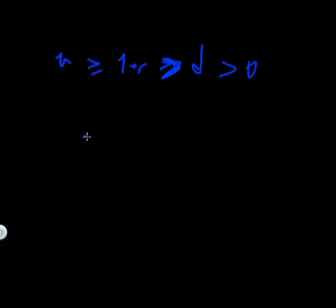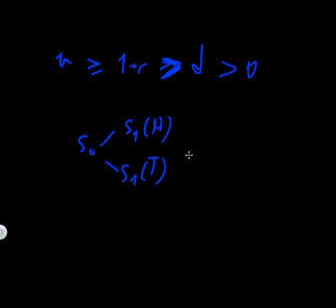The other case, which is the case of U bigger than or equal to 1 plus R bigger than or equal to D bigger than 0. Oops, this is bigger than. Have again the market. In this case, this is again US0, DS0.